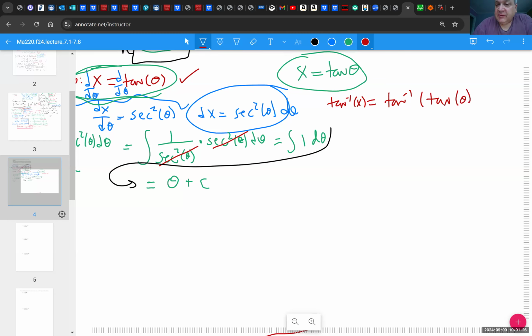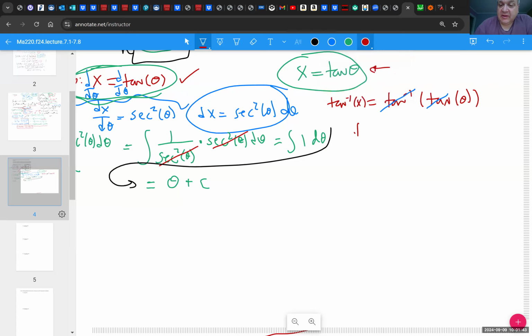So what I did was I took this equation and took the inverse tangent of both sides. I can always do the same thing to both sides. Nicely, the inverse tangent and the tangent are inverse functions, and so they undo each other. So we're left with just theta.